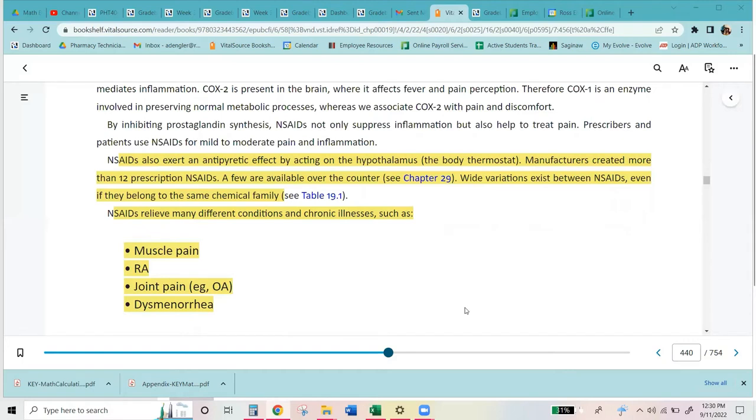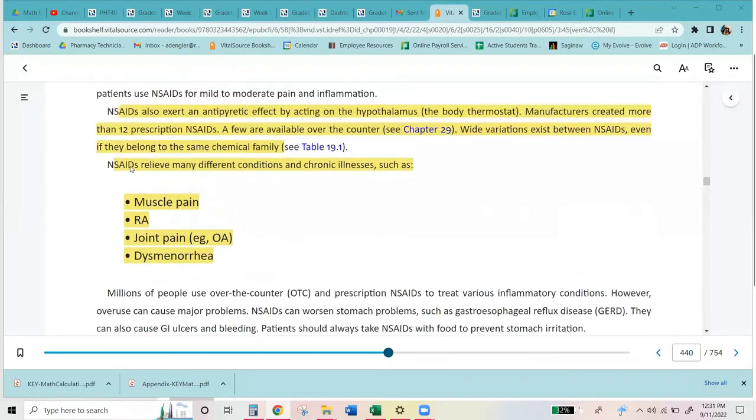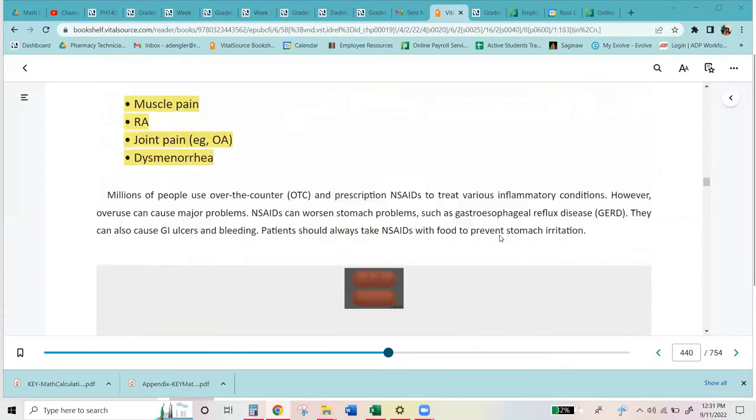Manufacturers created more than 12 prescription NSAIDs. A few are available over the counter, and wide variations exist between NSAIDs, even if they belong to the same chemical family. They can treat conditions and chronic illness such as muscle pain, rheumatoid arthritis, joint pain, which is osteoarthritis, and menstrual type pain.